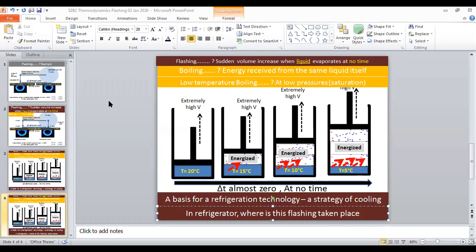Question is not clear. So in expansion valves, let me comment. So we have Chandana. Where does this take place in the refrigerator? So the expansion valve?